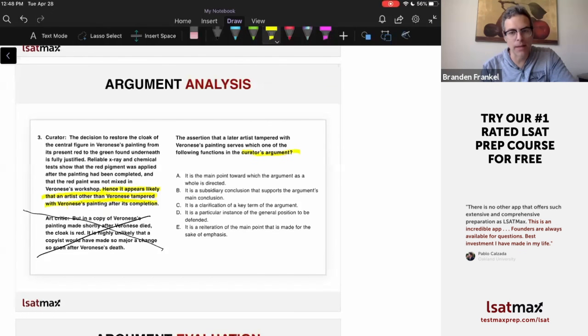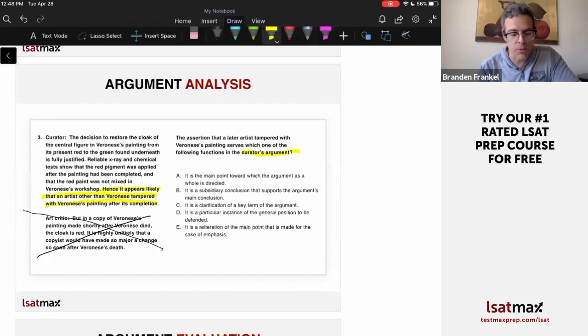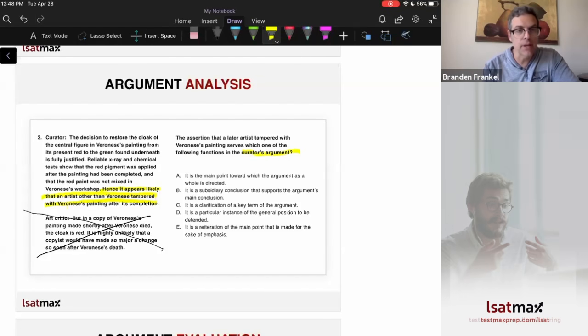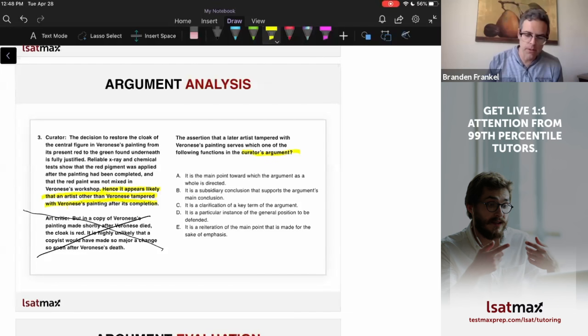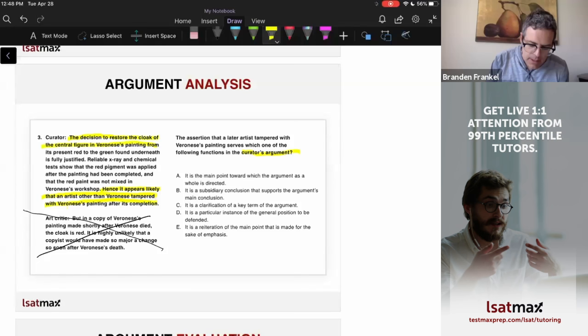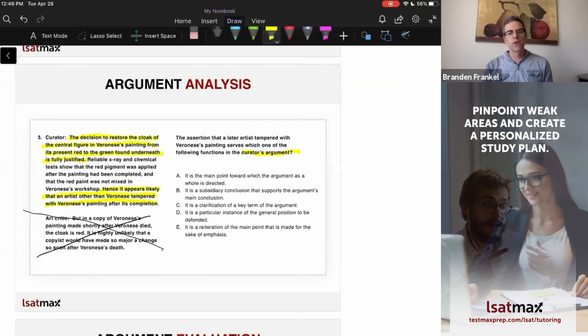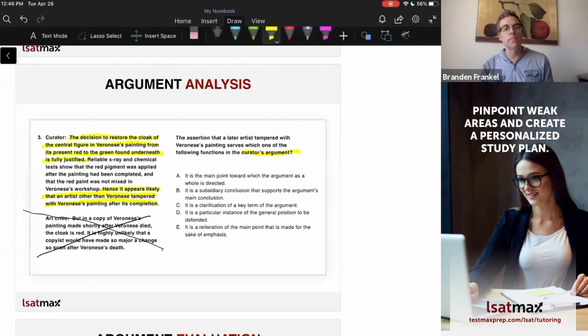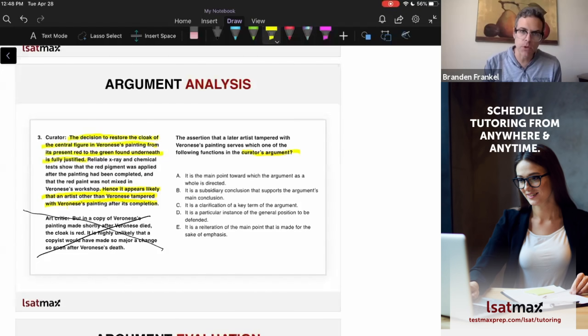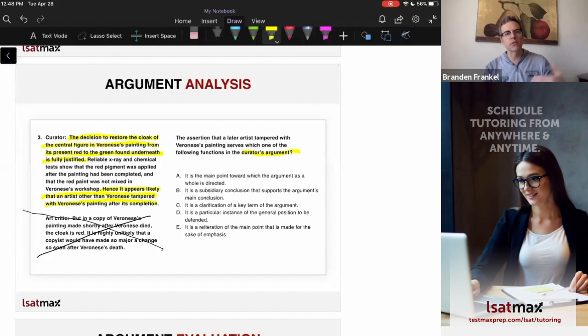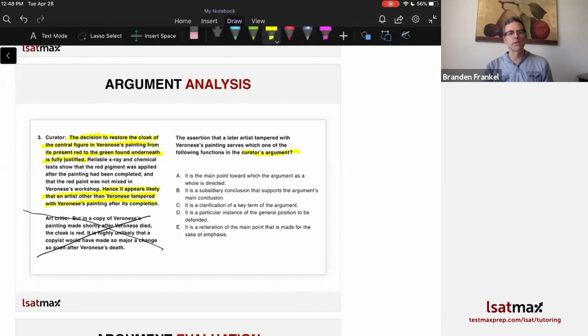This actually is not the main conclusion of the argument. I see Tara, or Tara, I'm sorry if I'm mispronouncing it, has what I think is the main conclusion of the argument, which is the first sentence. This decision is justified. That's a very common main conclusion type on the LSAT, which is a prescriptive statement. This is how things should be done, or this is justified. This is the way to do this thing.